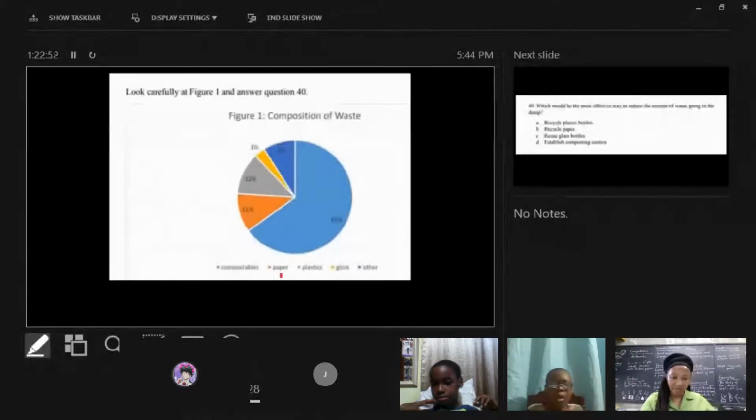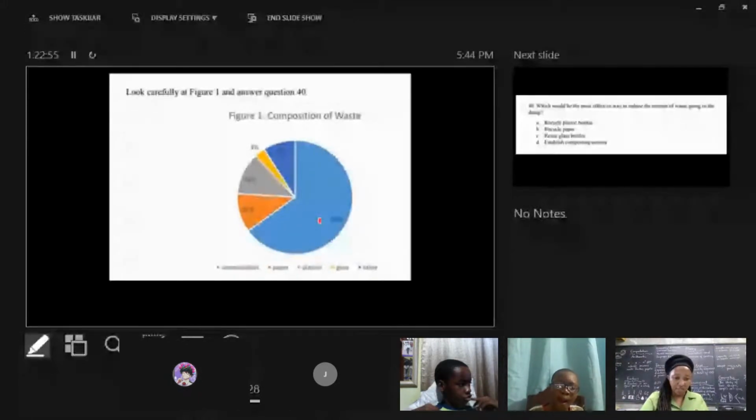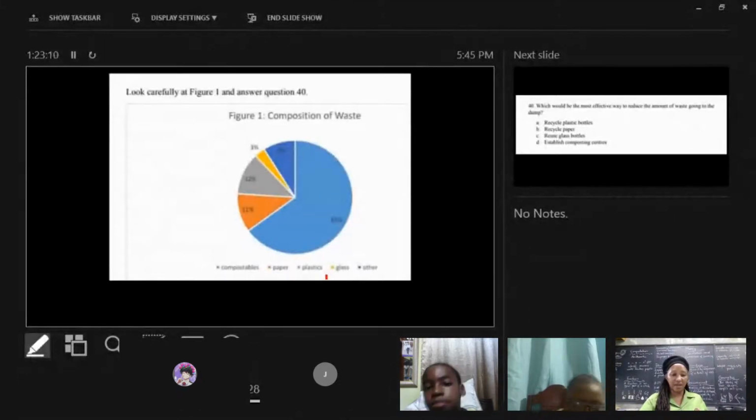All right. So let me tell you what it is. The gray is compostable. That means things that you can put in your compost heap, right? And the orange is paper, and the pale blue, no, the gray is plastic.